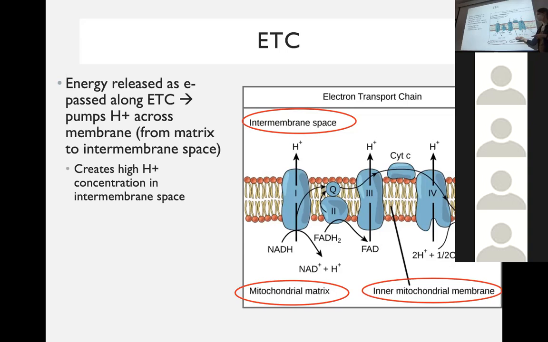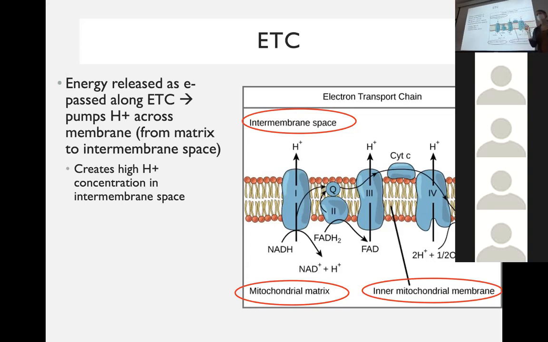So from the matrix, from that innermost part of the mitochondrion, to the intermembrane space. The energy from those electrons being passed along this pathway is what's allowing hydrogen ions to go out to this intermembrane space.